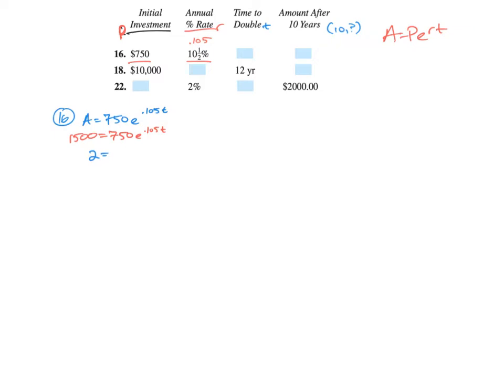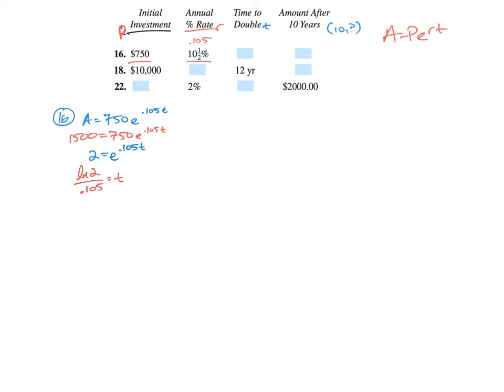Now, did you actually need the initial amount at all for this part of it? You didn't. All right. And so I have 2 is equal to e to the 0.105 t. Well, how do I start solving for t? Just like Braden did, I natural log it, and then divide by 0.105.